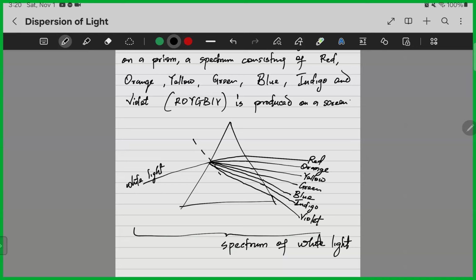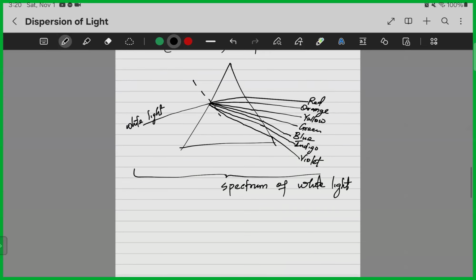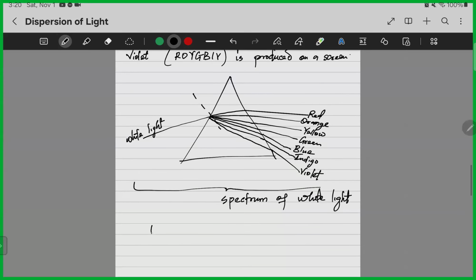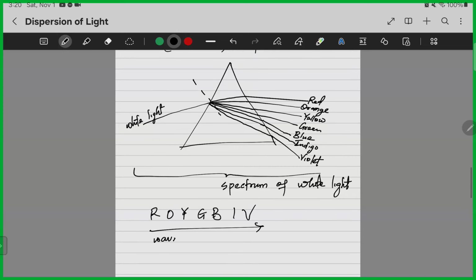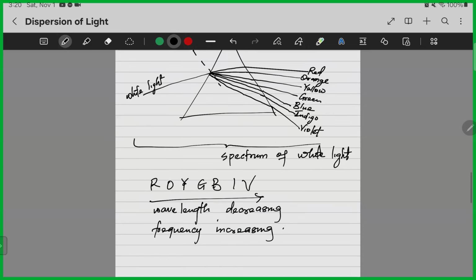Now, quickly let you understand. It's similar to the colors of the rainbow, and also when you write it like this, ROY, as you are going from left to right, it has wavelength decreasing and frequency increasing. So the idea is that in many multiple choice questions, you see which of them has the longest wavelength.